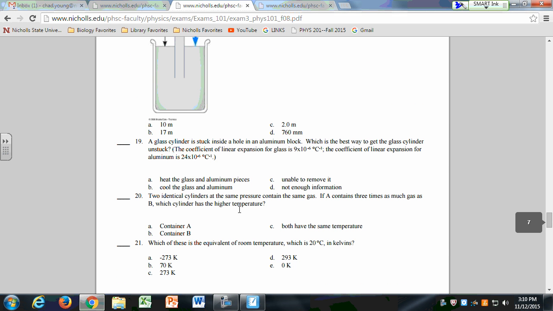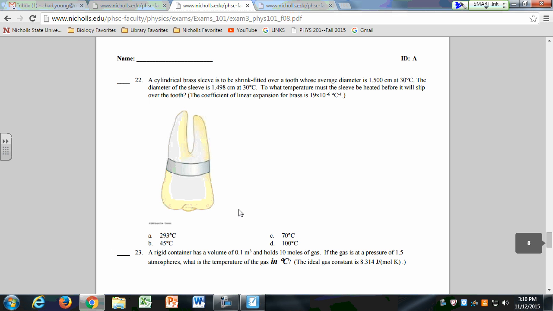You had several homework problems. So for example, let's look at this one. This one's probably a little more complicated than you'll need, but let's just take a look at it anyway. So here I have a brass sleeve. It's to be shrink fitted over a tooth whose average diameter is 1.5 centimeters at 30 degrees Celsius.